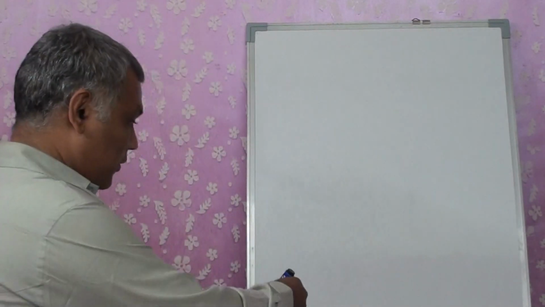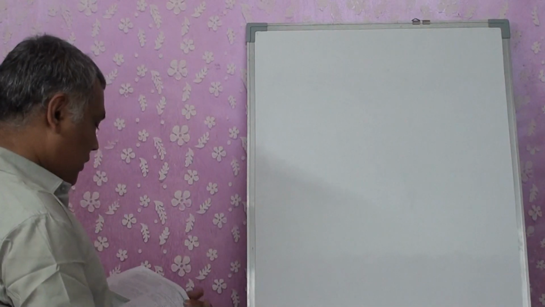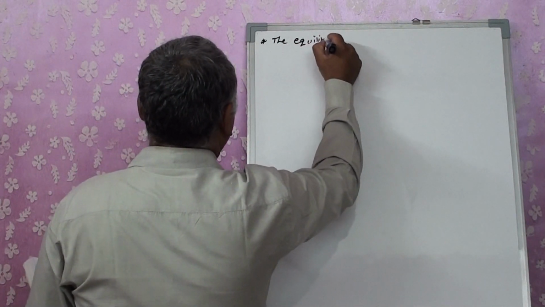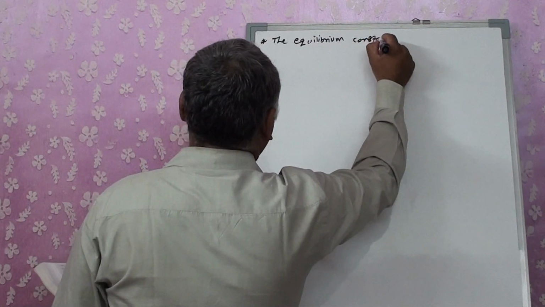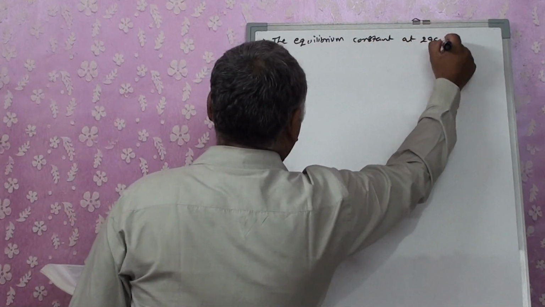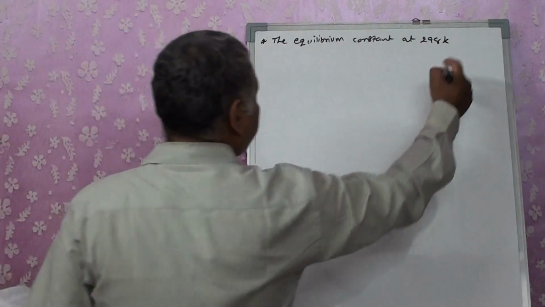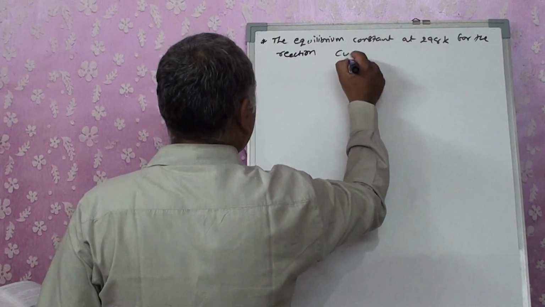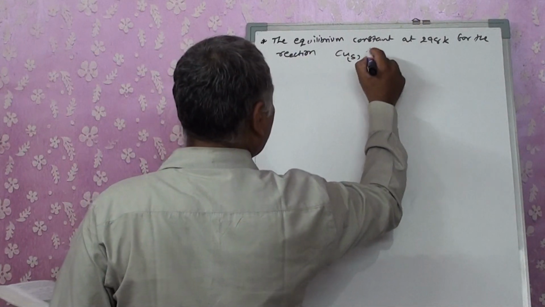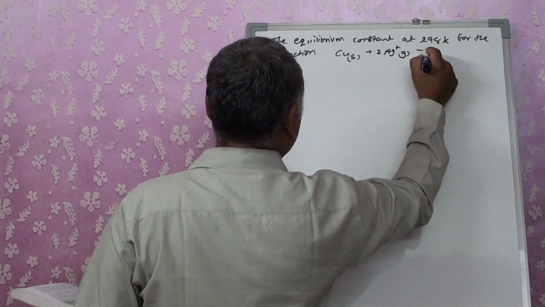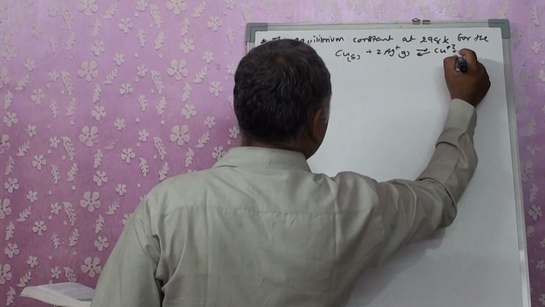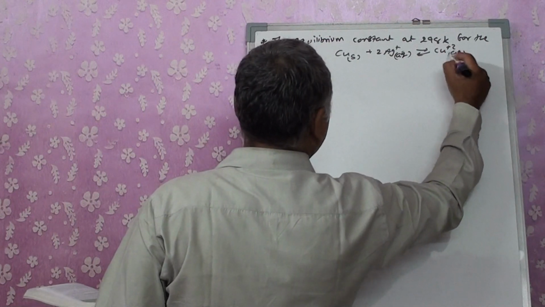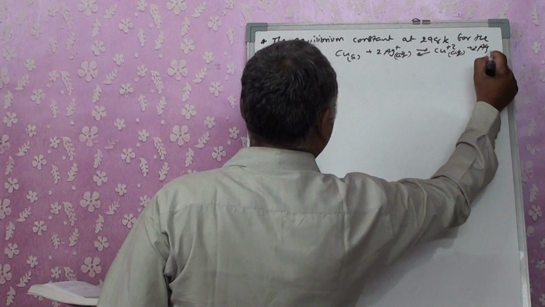So here, in the first numerical, we have been given the equilibrium constant at 298 Kelvin for the reaction Cu plus 2Ag+ gets converted into Cu2+ plus 2Ag.